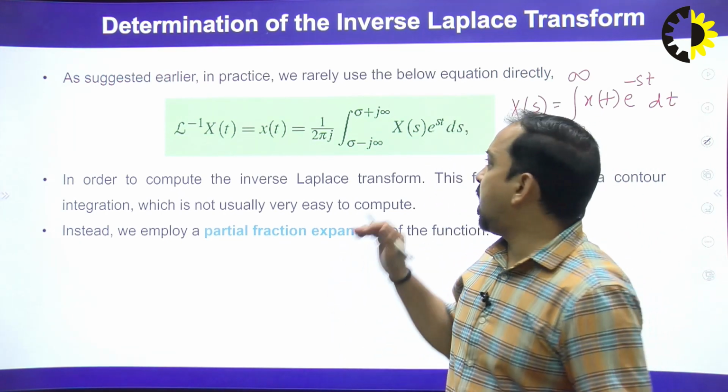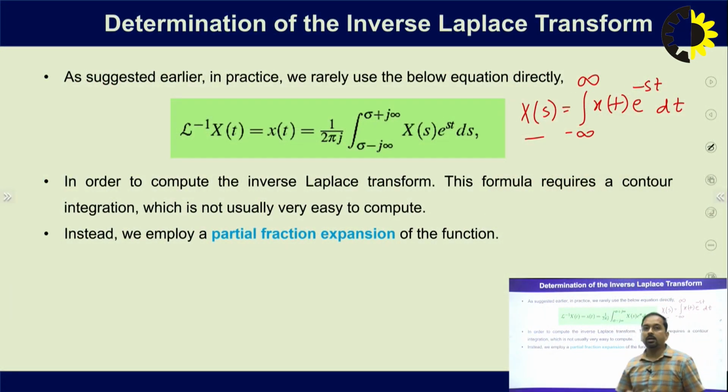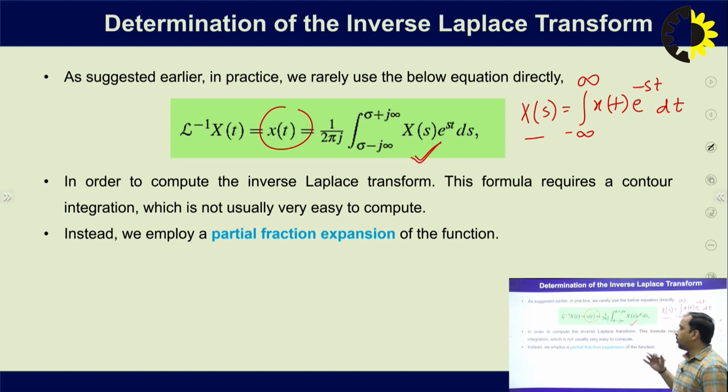With the help of this particular formula, we can calculate the transform of a signal x of t, and we have seen in our first lecture that we can also calculate the inverse Laplace transform with the help of this equation. While computing the inverse with this equation, it requires a lot of knowledge of contour integration, which is not easy to solve.